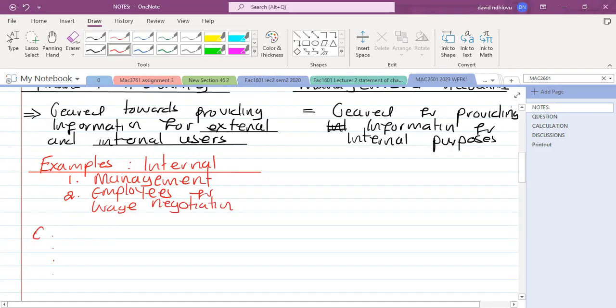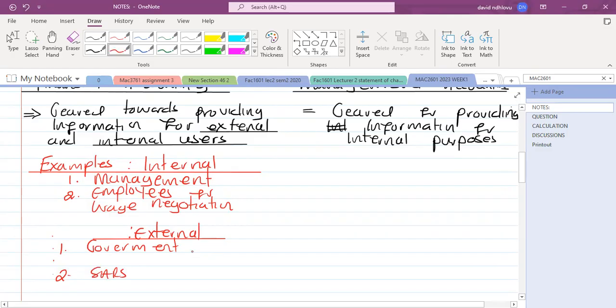Then we have external users. These are those entities or people that are interested in the financial statements of the entity, but they are not within the organization itself. Here you have government, and SARS.